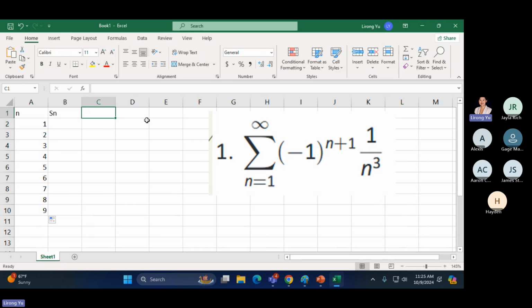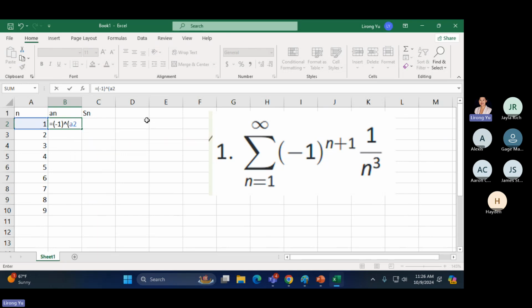When you want to add terms, you have to add each term. S of n. We also have to have the an. Okay, so for example, when n equals 1, it's negative 1 to the power 2, 1 over 1. So we would do negative 1 to the power of n plus 1, where n is in spot A2, plus 1.